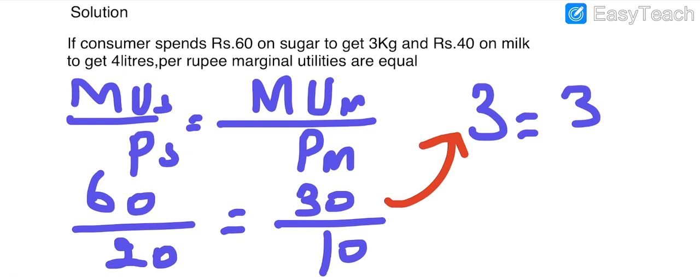Similarly, for milk, we spend on 4 units of milk, and its total will be 180. And what will be the total utility? Total utility is the utility of sugar plus the utility of milk, and it will finally be 420.